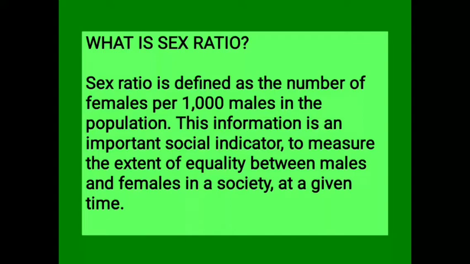This information is an important social indicator to measure the extent of equality between males and females in a society at a given time. So, first we come to know that it is the ratio between the males and the females. And second, it is also a social indicator that indicates the extent to which there is equality in our society.